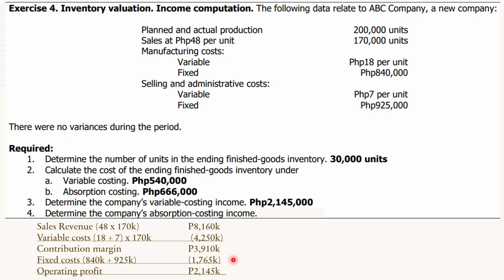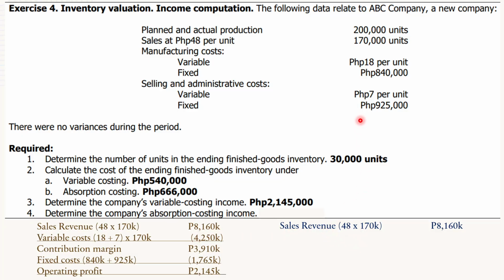As for absorption costing, we're going to start with the same revenue. Sales revenue is 8,160K. Instead of deducting all variable costs, we will deduct all the cost of goods sold.